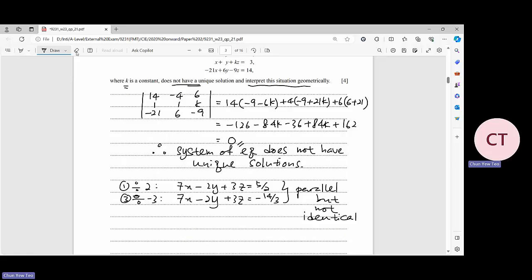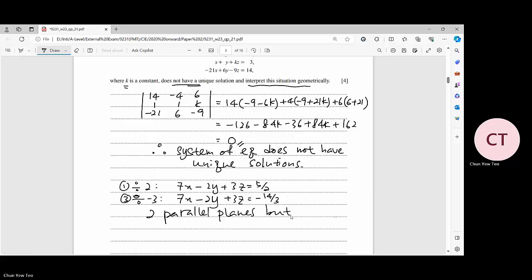What you need to mention in the description, to interpret this situation geometrically, is that you have two parallel planes, but not identical. The other plane is not parallel.